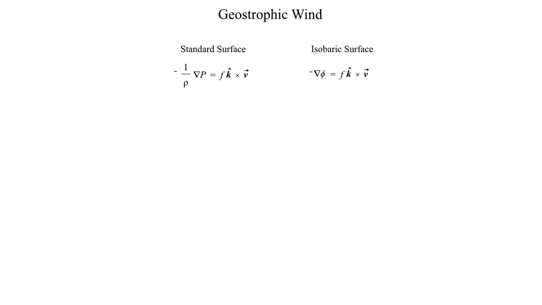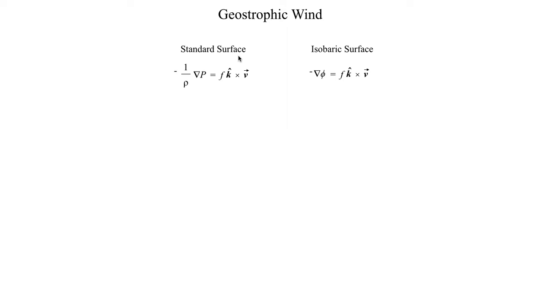Just to refresh your memory, on the standard surface we have 1 over rho times the pressure gradient, and if you want, you can divide f over to the left-hand side, so 1 over f rho. This is all equal to k hat cross v. So minus 1 over rho times the horizontal gradient of pressure is equal to k hat cross v, which is another way of writing the Coriolis force in vector form. That's what this derivation is mostly going to center around, doing this in vector form.